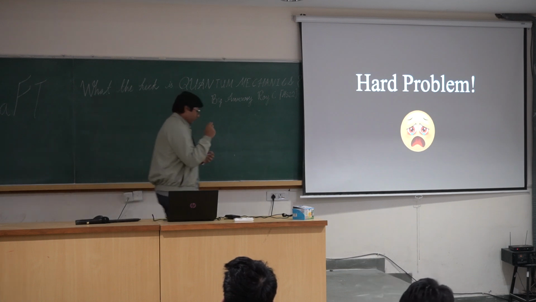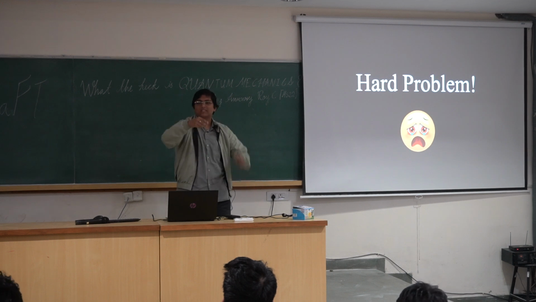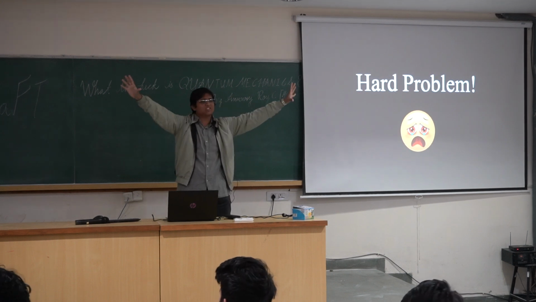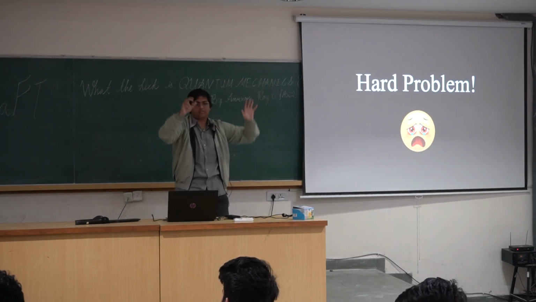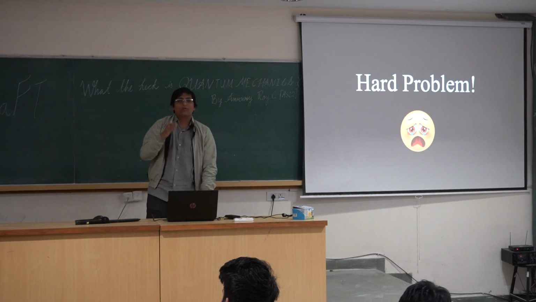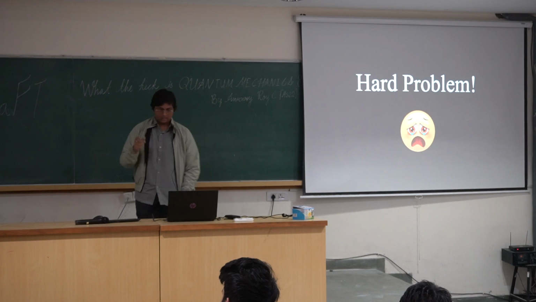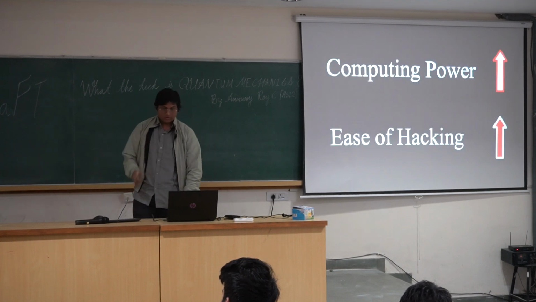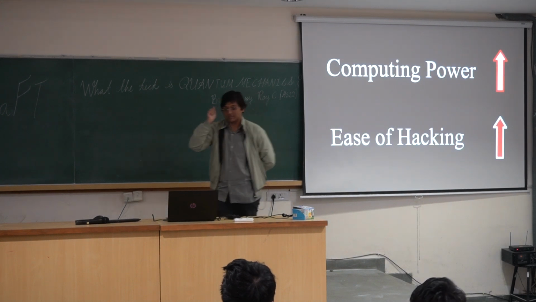That's another problem. The everyday messages that you send, you can go through and see the encryption code. You can see very large numbers, like hundreds of digits in that encryption. So as you can understand, any sensible hacker won't spend that much money to just decrypt your messages. But when the computing power increases, ease of hacking also increases.